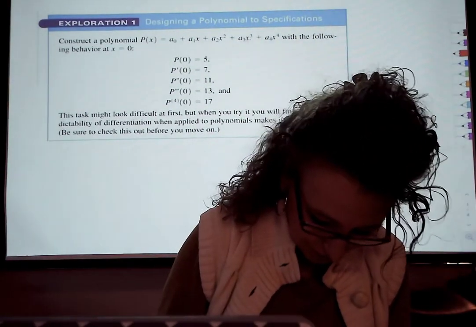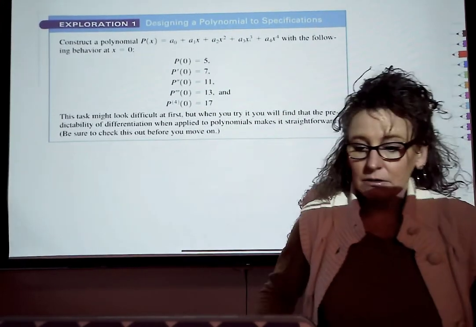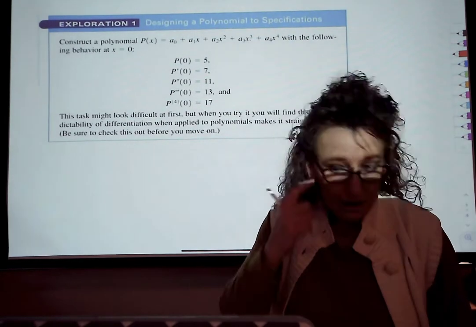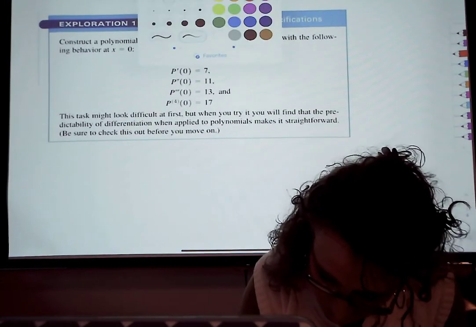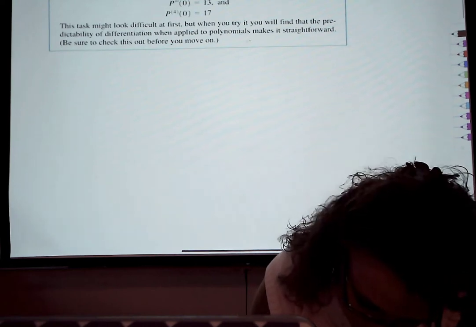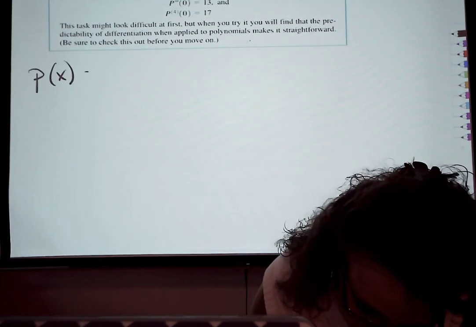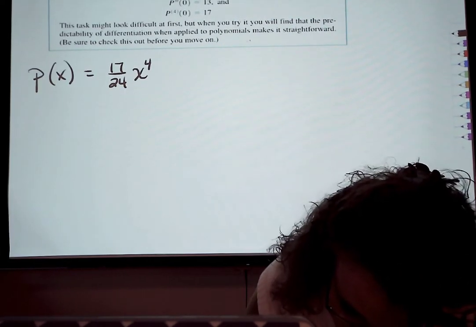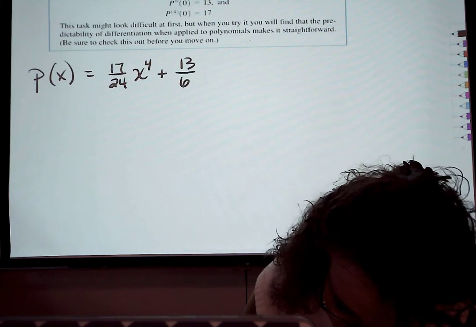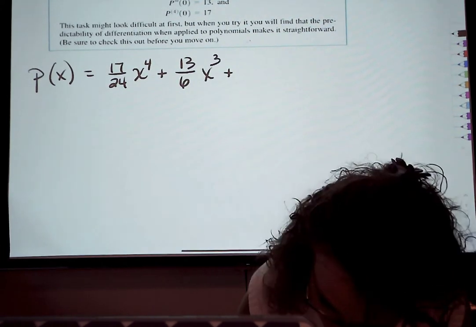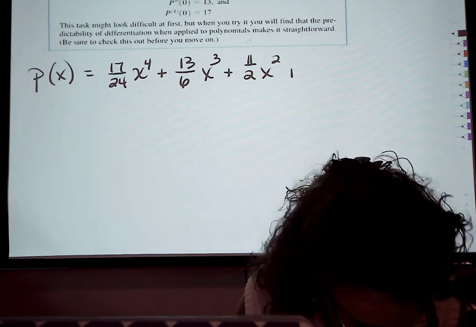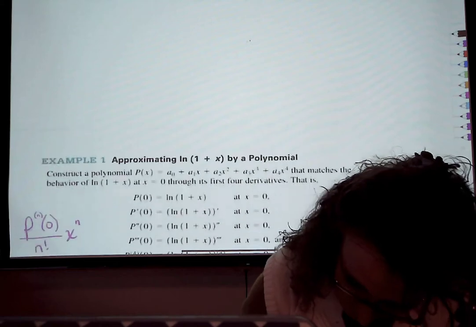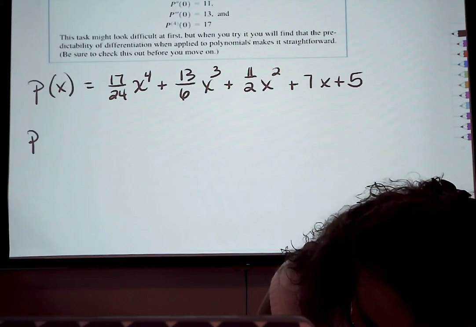Okay, so back to the paper notes, and I'm going to write out our polynomial, but just for fun, let's write it backwards. Well, I'll write it both ways. We got 17/24 x to the 4th, and let's look at it backwards.